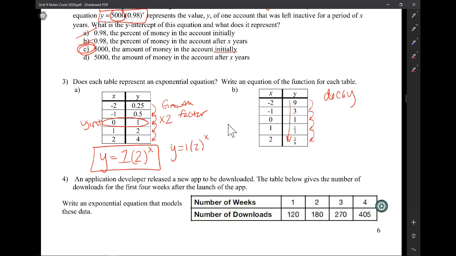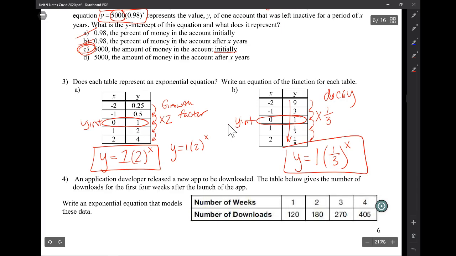You are thinking divide by 3. But I don't know how to represent divide by 3 when I have to write it as an exponential. So that means I am multiplying by 1/3. So when I write my equation, the base of my exponent is 1/3, and my y-intercept is 1. And again, you can check in your calculator if you'd like.